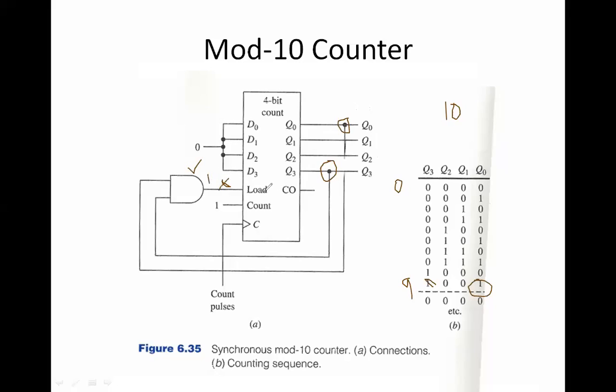So 1 means load will be activated. If load is activated, immediately zeros will come inside. It's like opening up these gates. Once the gates are opened, these zeros will pass through and connect to D0, D1, D2, D3. All these are fed with 0. So which means after 9, immediately I'm getting 0.